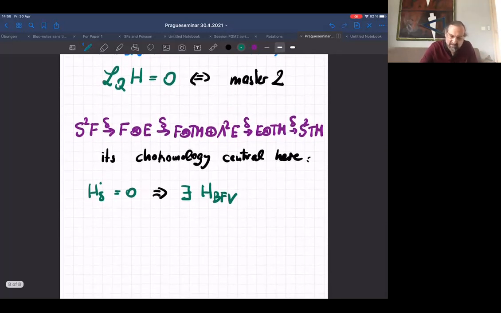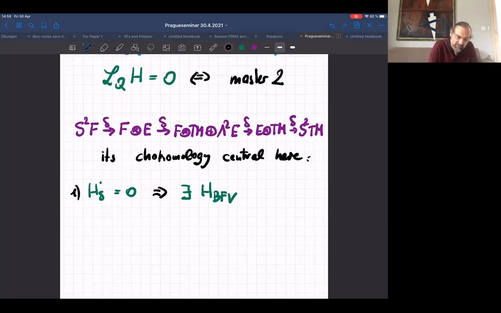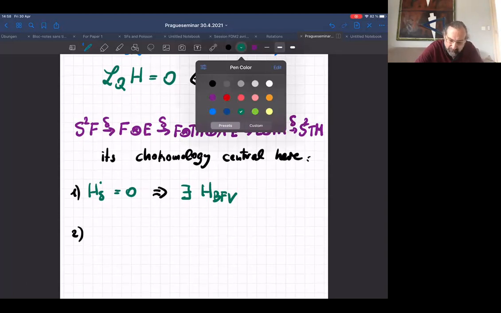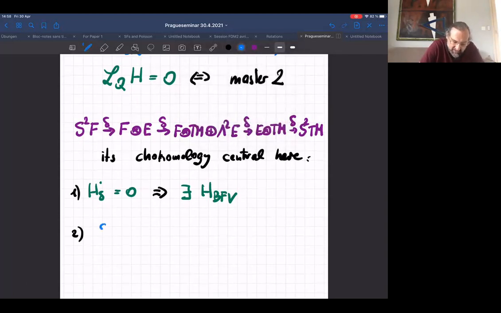A second application I wanted to say some more about. There are some geometrical applications, but let me come back to this equation that the Hamiltonian H classical with GA was omega AB times GB.